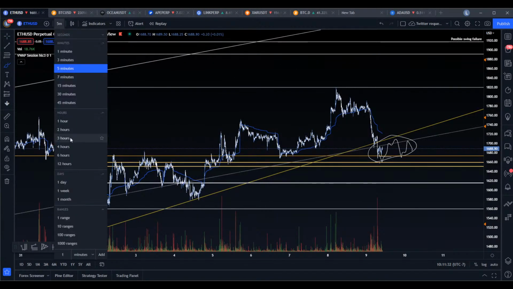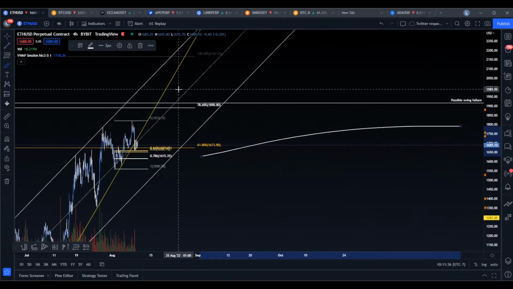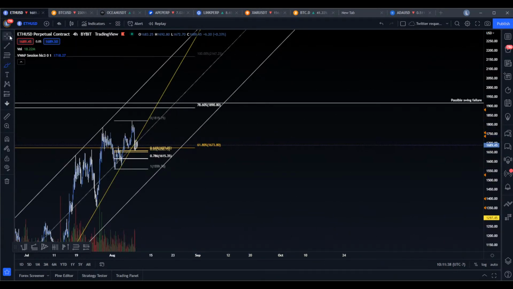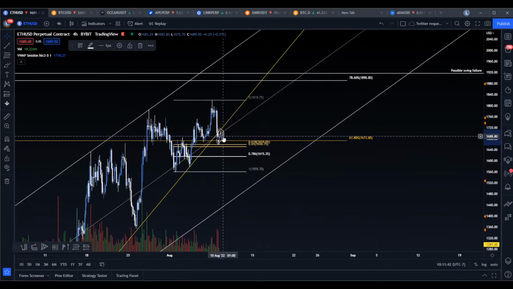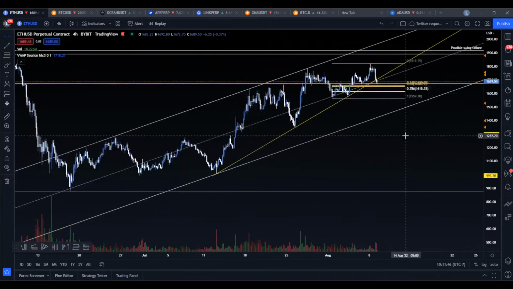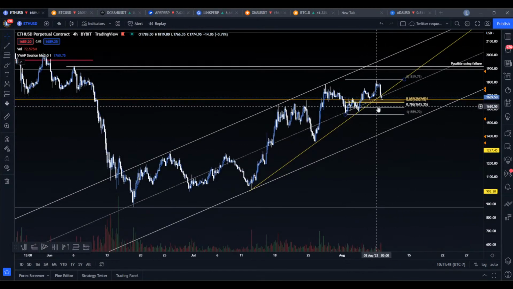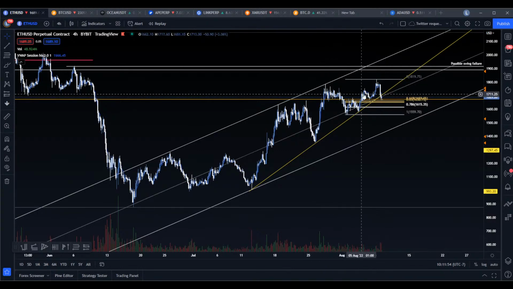There's this idea on ETH, but I am, again, opting not to take longs. I'm just waiting for lower, ETH swing failure these highs, obviously.